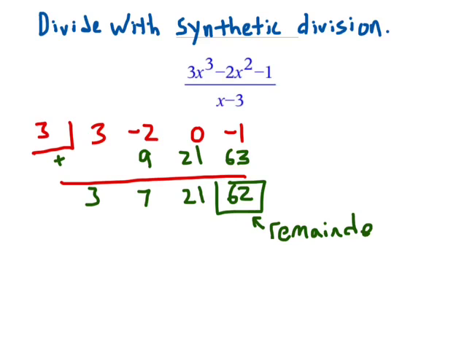And whenever we divide by a linear term, we're dividing by a linear here, because this is x to the first, it's going to drop the power by 1. So this represents 3x squared plus 7x plus 21, and that's the quotient.